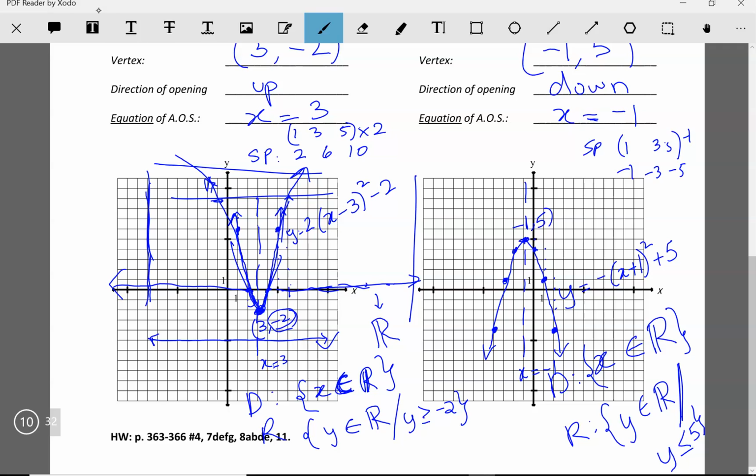I can have a y value of anything lesser than 5, because this goes down forever. It keeps going down and down. I can have a y value of -10,000, because at some point y equals -10,000 will touch the graph, but I can never have a y value of +7 or +6, because 5 is my maximum. So y has to be lesser than or equal to 5 is what I put in my range.